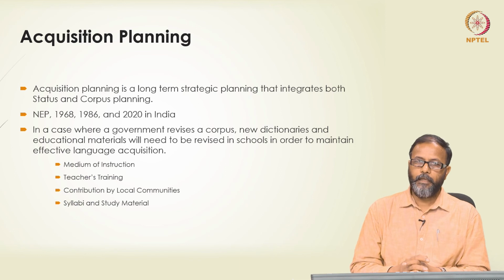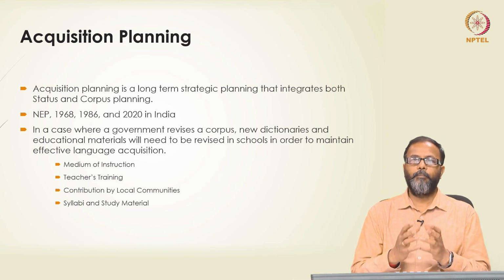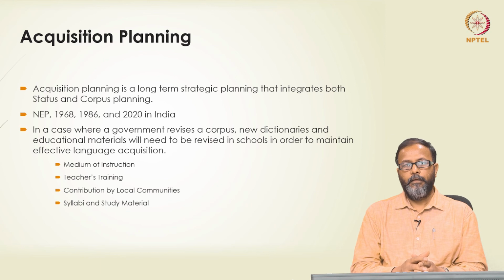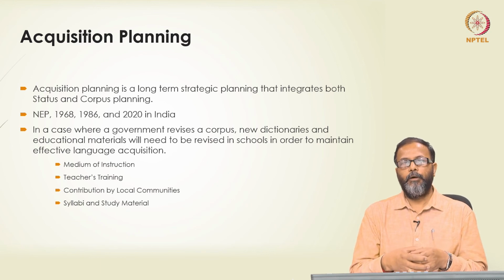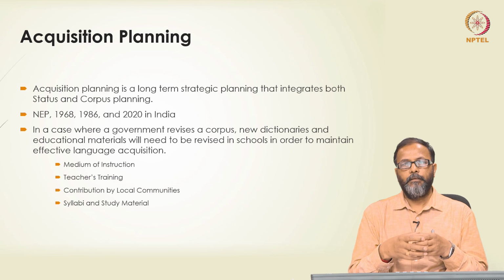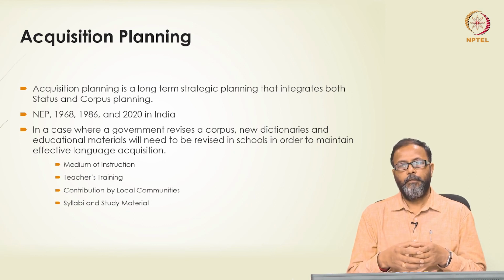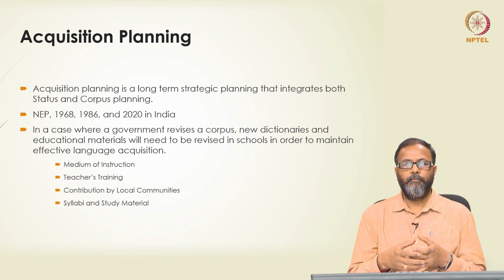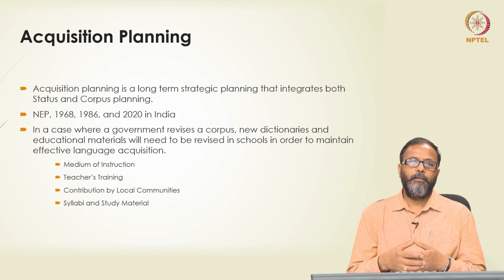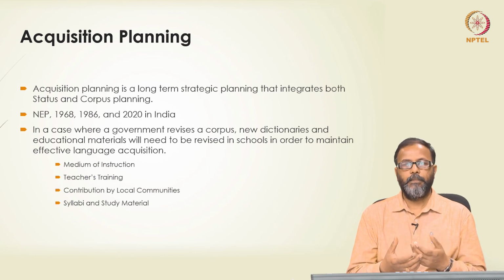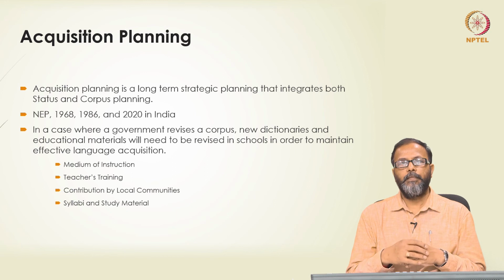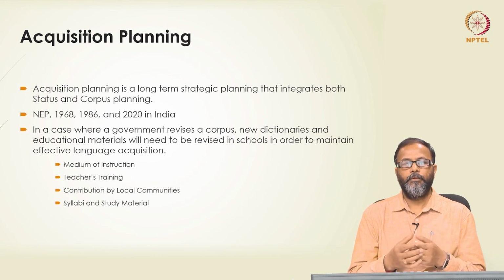Then the second type of planning is corpus planning, where you actually need to work on the reference sources for this language, and we involve a number of experts, right, scholars, linguists, to create literature, manuals, grammar books, dictionaries, thesaurus, and make it standard to be used in the newly extended domains.